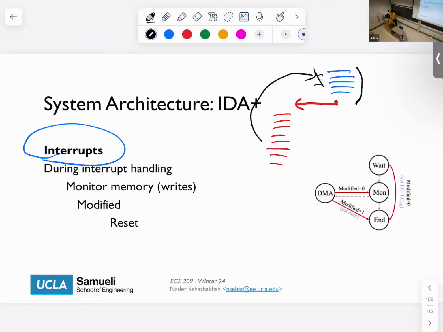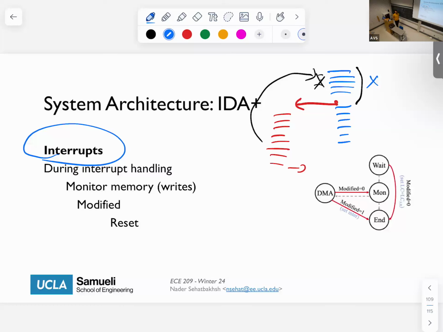If it hasn't been modified, then there is no reason for us to be worried, because we already computed the hash of this, and we also have a guarantee that they have not been modified. As a result, once the interrupt finishes, I don't need to restart. I can just pick up where I left off, because I have the guarantee that this part has not been modified, so I'm good to go.